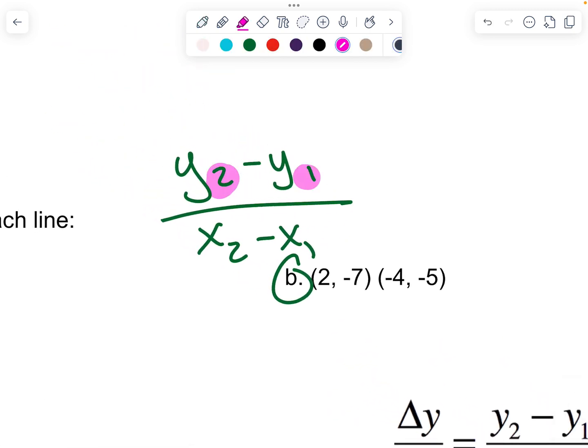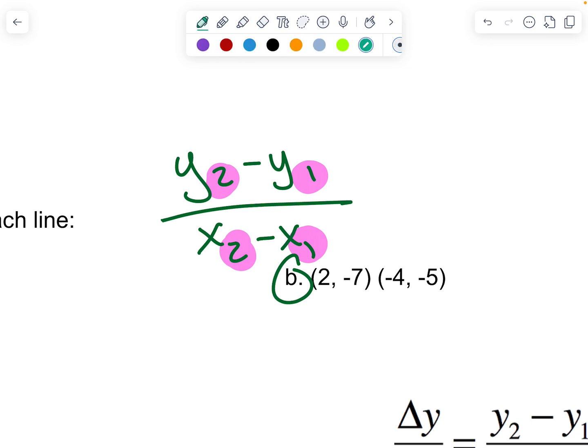This 2 and this 1 here, it doesn't matter which point you make your 2 and which point you make your 1. So this could be your first point and this could be your second point, or you could do it the other way. The only thing that matters is if you start with the second point for your y's, you have to do the same thing for your x's, right?